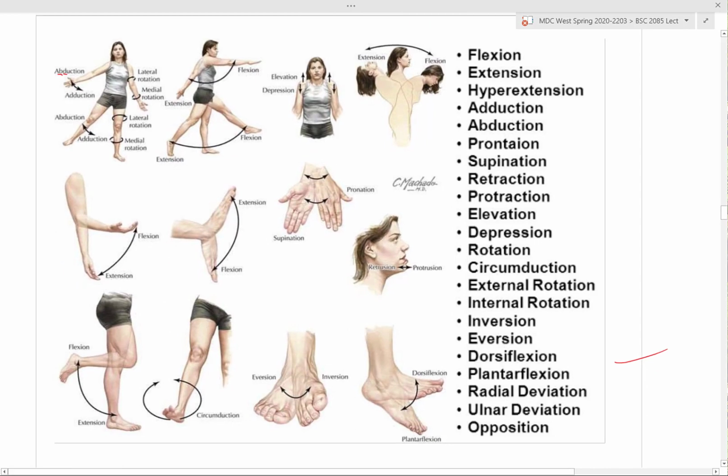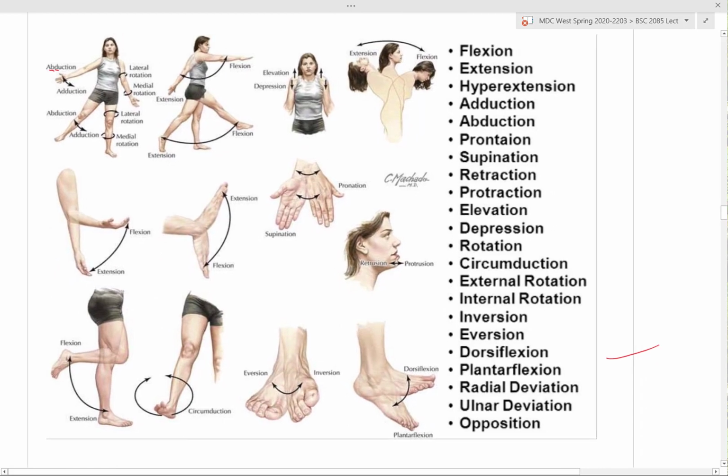And then you have all these body movements that you're able to do, which you need to know. So what is abduction? Abduction is away from the body. My fingers abducted. And adduction, right? Double D is fingers moving close to each other, or my hands or feet moving towards the middle of my body. Okay?